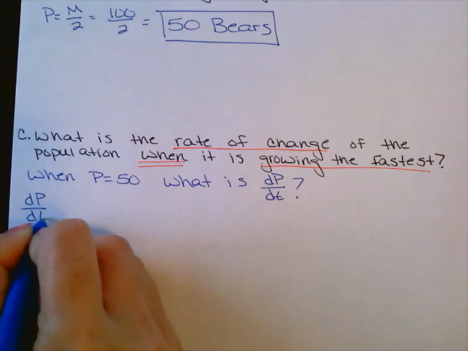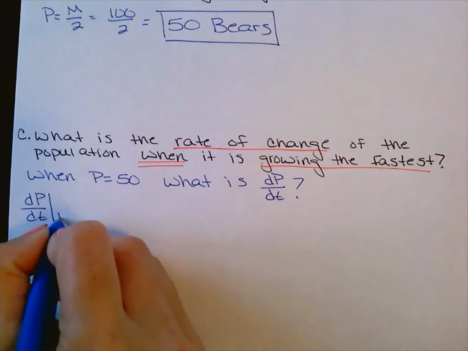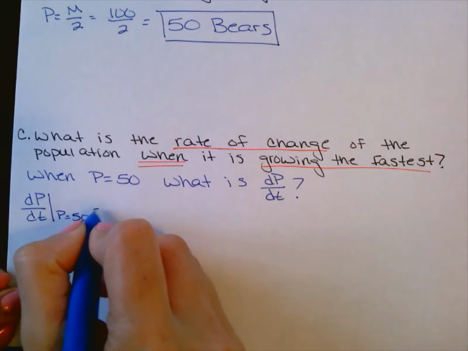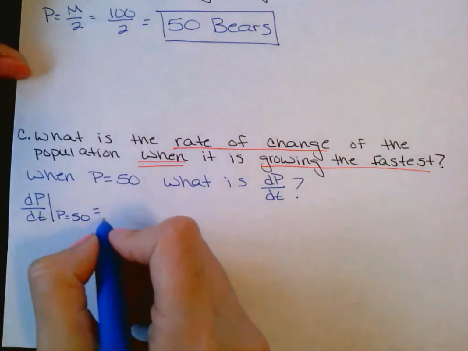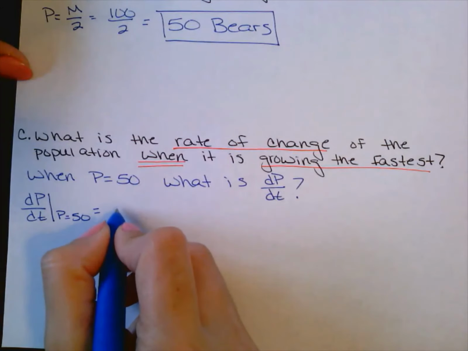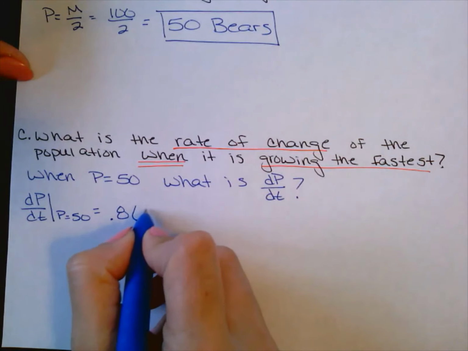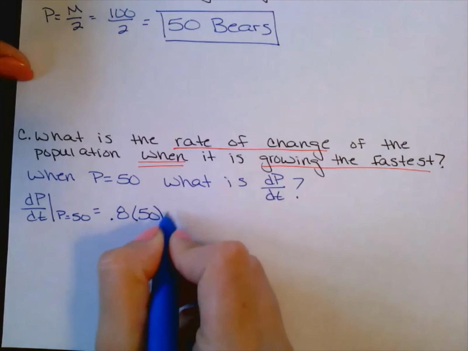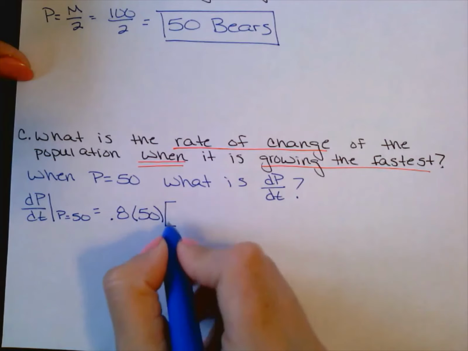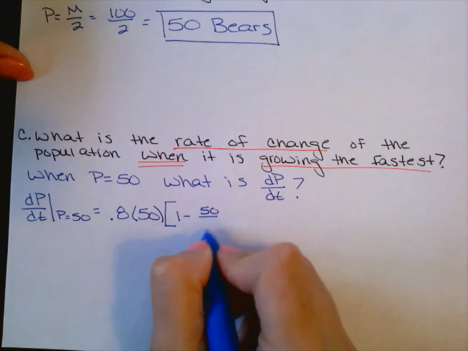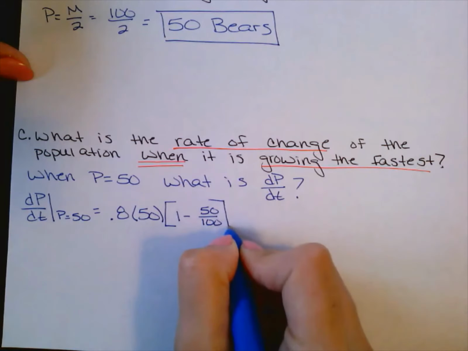So we'll say that dP/dt when P is 50 is going to give me 0.8, P is 50, times 1 minus, again, P is 50 over 100.